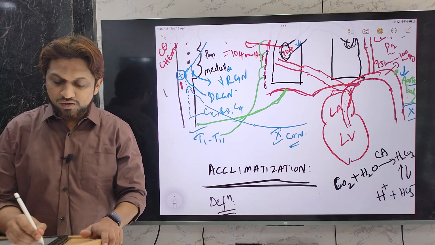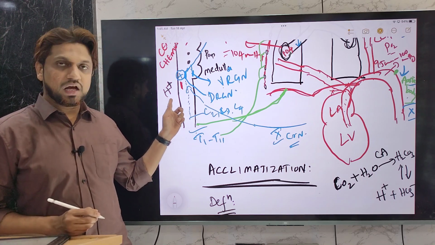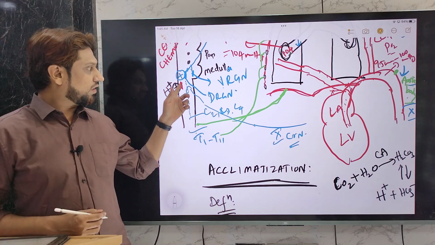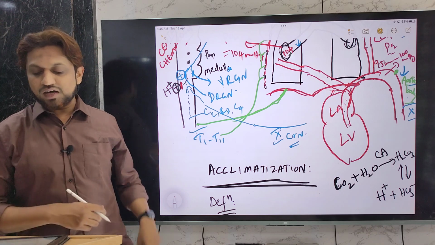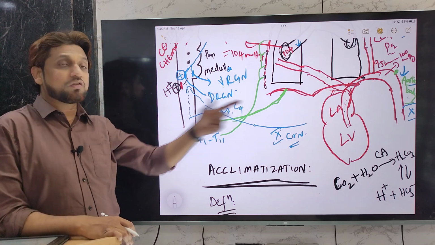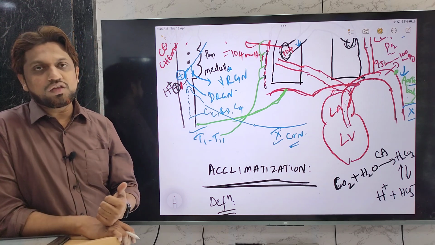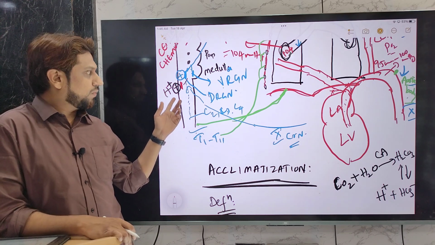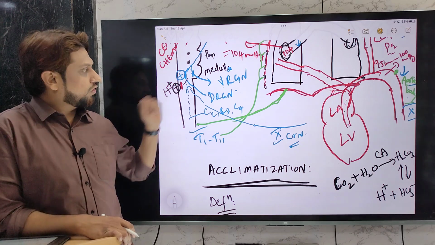Now this H plus ion in the CSF, which is formed from the carbon dioxide level in the blood, is a powerful stimulant to the central chemoreceptors, which then stimulate the respiratory centers so that deep hyperventilation takes place. So hyperventilation is mainly due to the peripheral chemoreceptors by the low oxygen content, and also by the increase in the carbon dioxide level, through the action of protons, that is H plus, on the central chemoreceptors. There is an increase in the stimulation of the respiratory center.